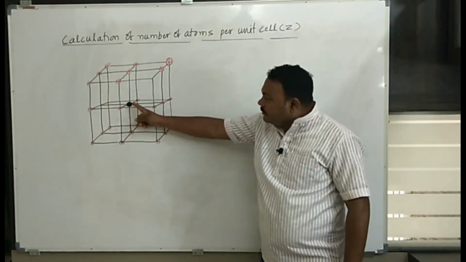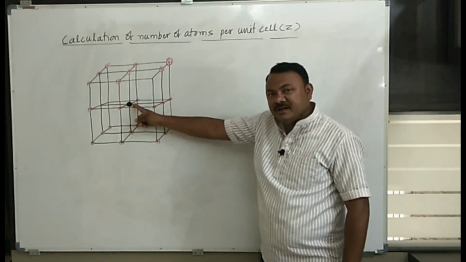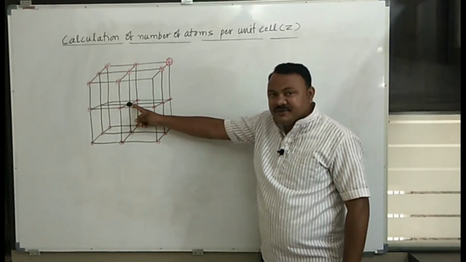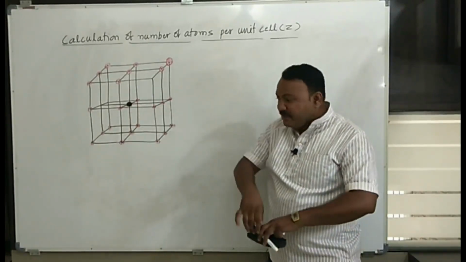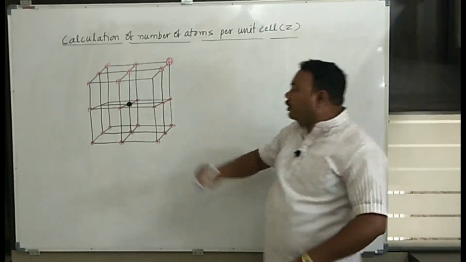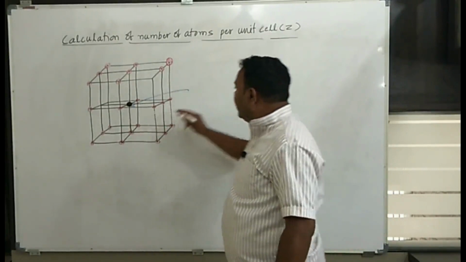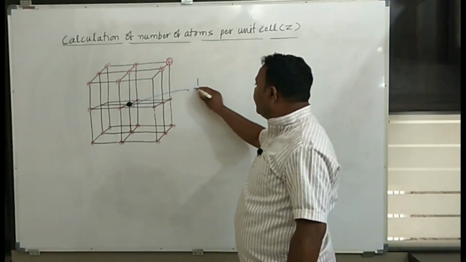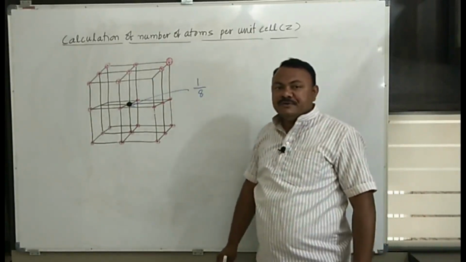Therefore, the contribution of this particle for 1 unit cell is, since it is present equally among all the 8 unit cells, remember every corner particle contributes 1/8 part for 1 unit cell.